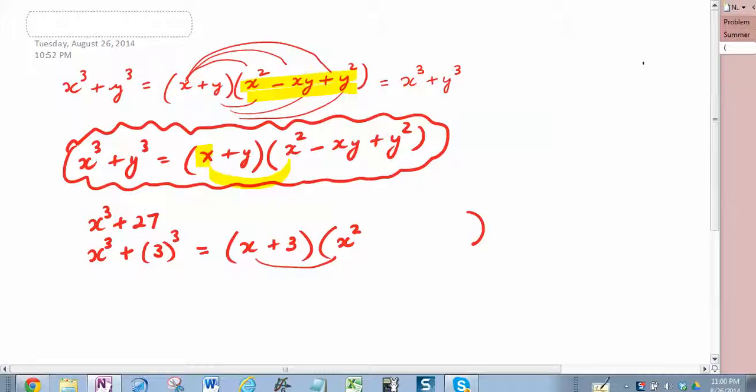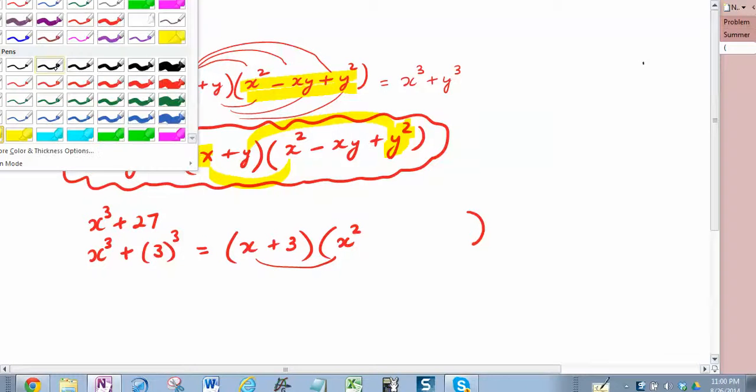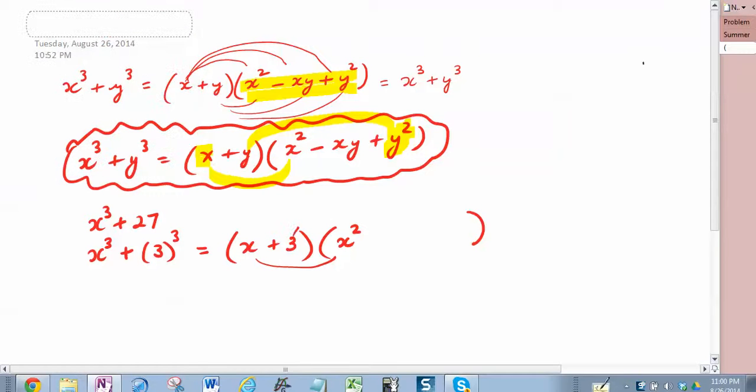Let me highlight that one, the y squared. Where does that come from? It comes from squaring the second term in the first factor. So what am I going to do? I am going to take my 3 and I'm going to square it. And so I get 3 squared at the end.